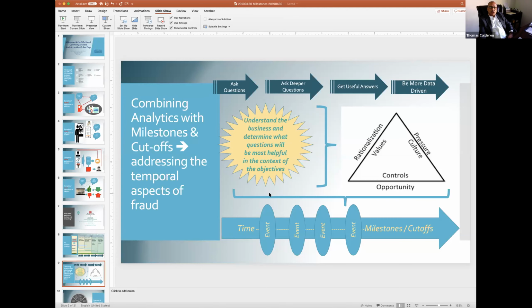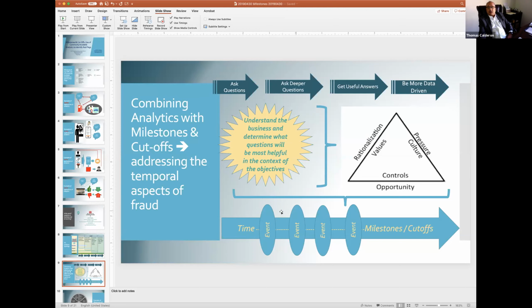Transactions that occur close to the end of cutoff periods could be very, very interesting from the standpoint of analytics, or even from the standpoint of fraud detection or error detection.